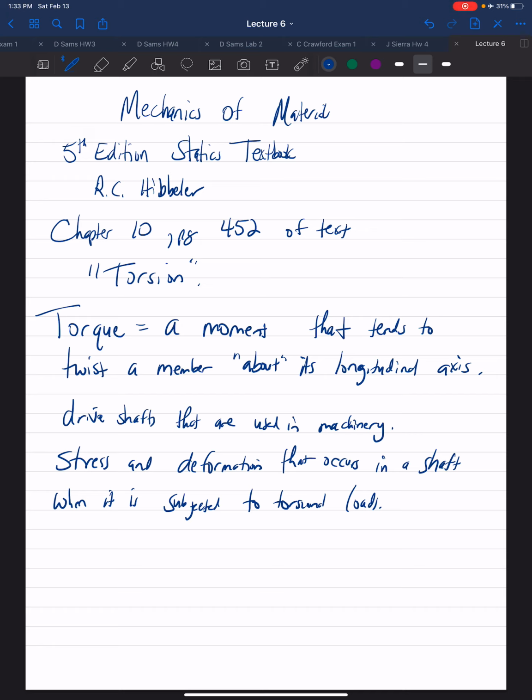And throughout this chapter, we are mainly concerned with circular shafts, as they support the most as far as rotation, circular shafts.